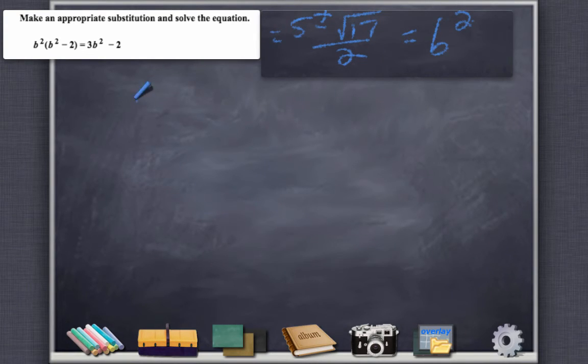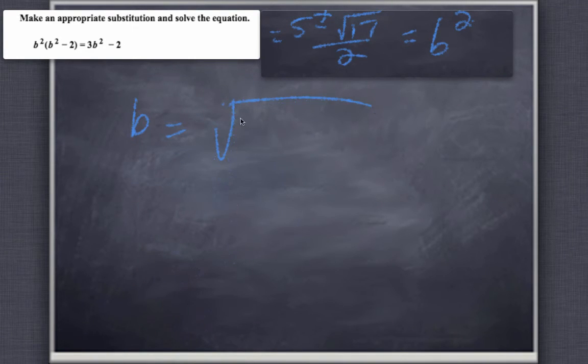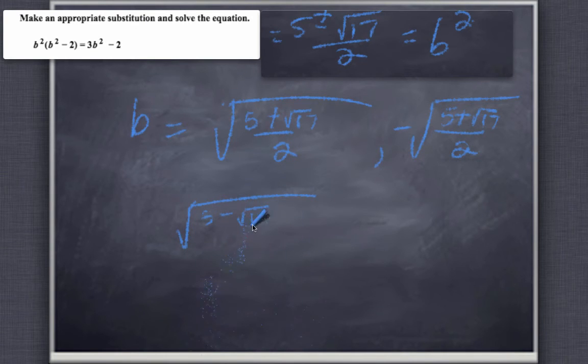Okay, so b could be square root of, or negative that square root, or square root of 5 minus, negative square root.